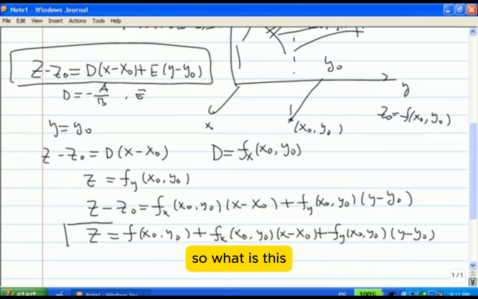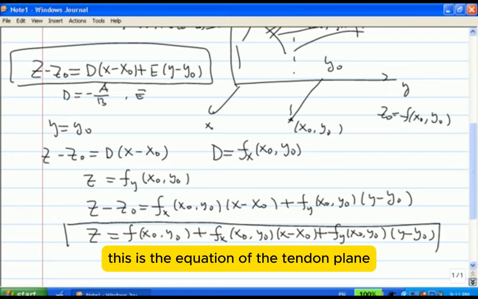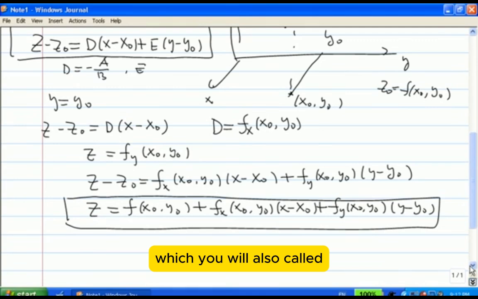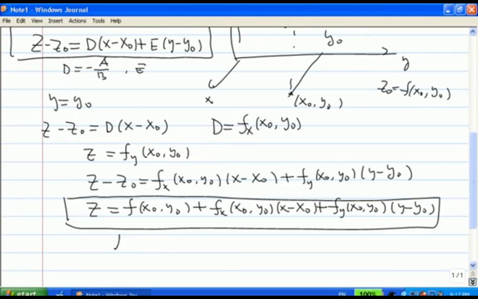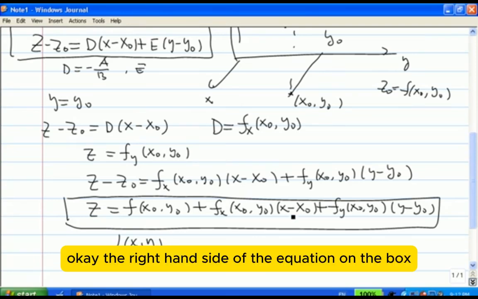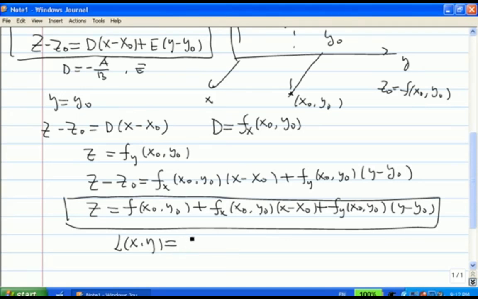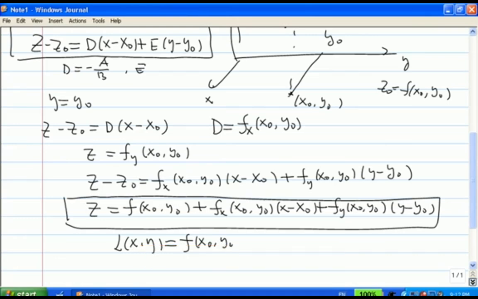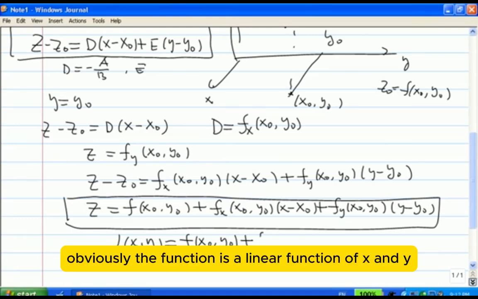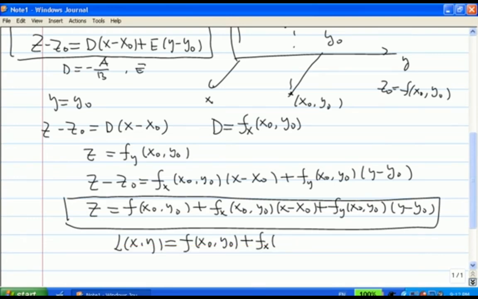So what is this? This is the equation of the tangent plane, which we also call a linear approximation, or linearization. The right-hand side of the equation in the box, we give a name: L(x, y). Obviously, it is a linear function of x and y.